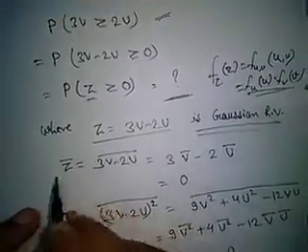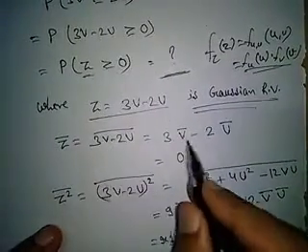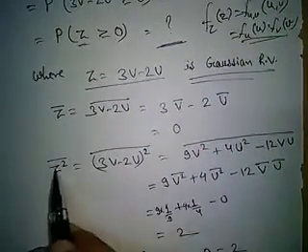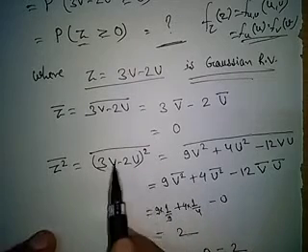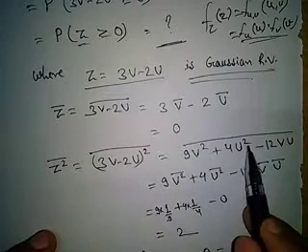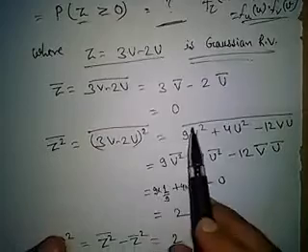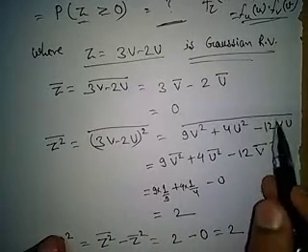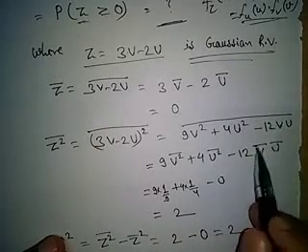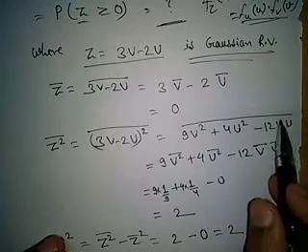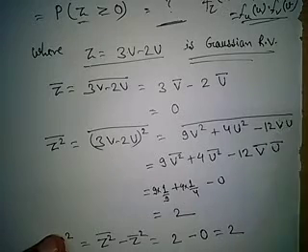Now the mean of this Gaussian random variable will be 0, and the squared mean will be derived this way: (3V minus 2U) whole square, which is 9V square plus 4U square minus 12VU. We can expand and take the expectation individually, because these are two independent random variables.